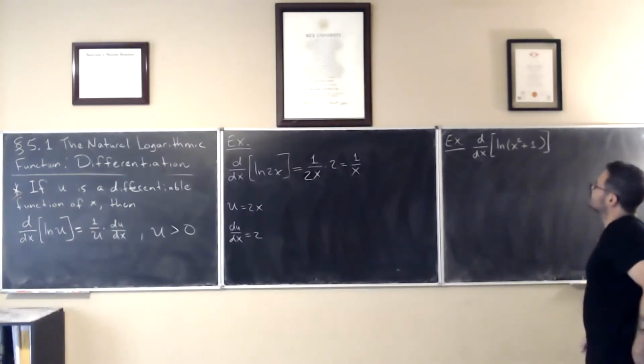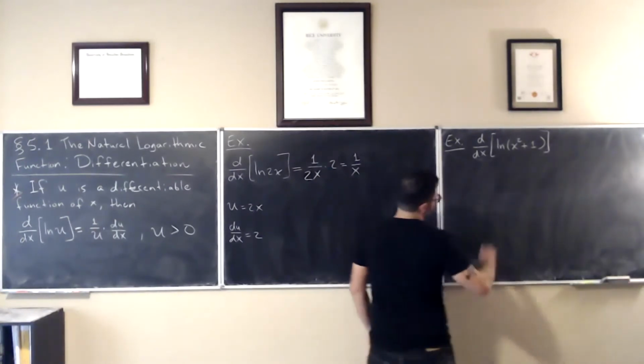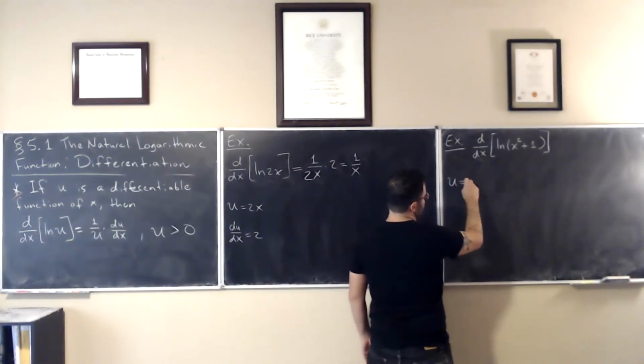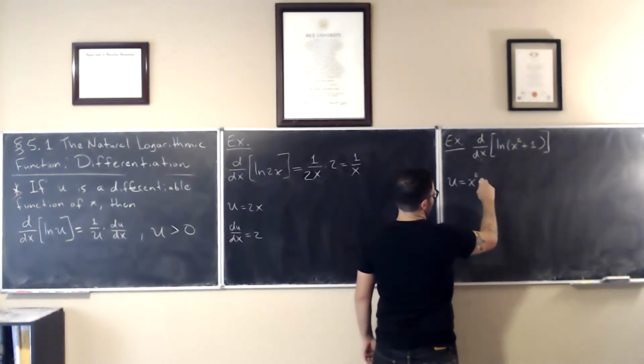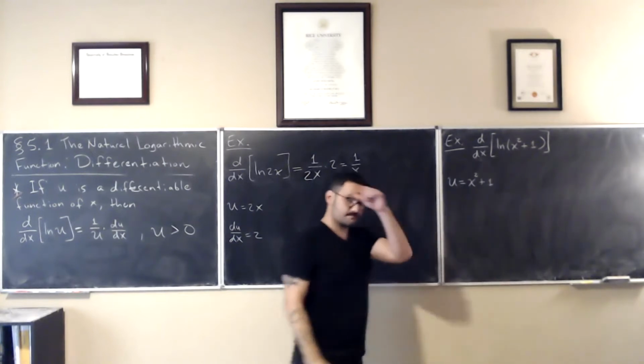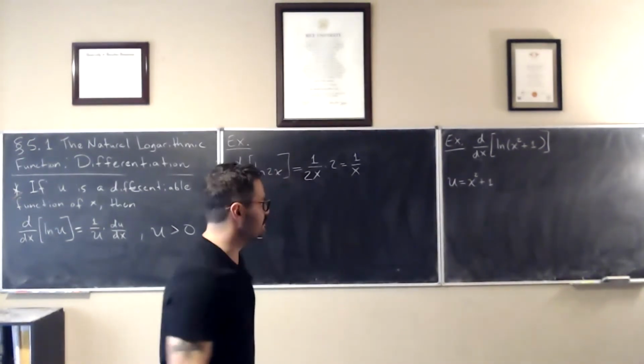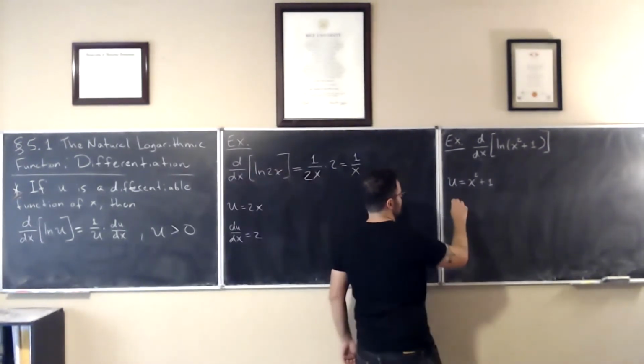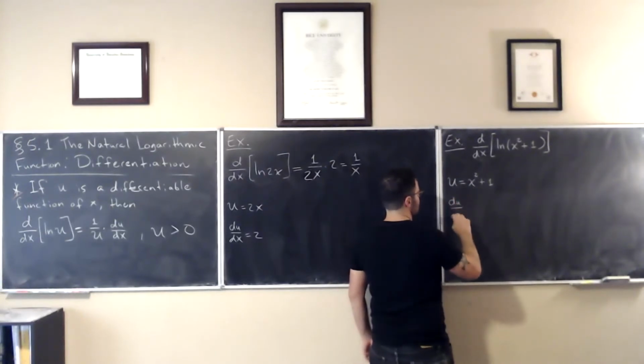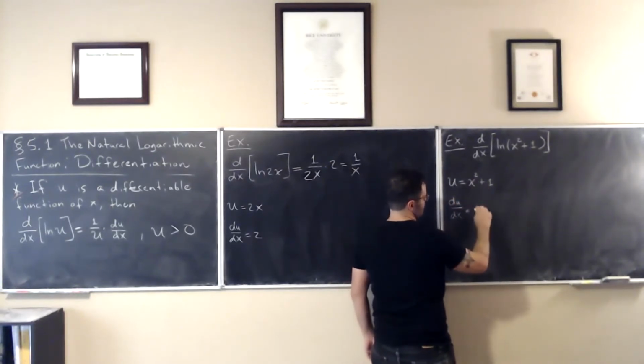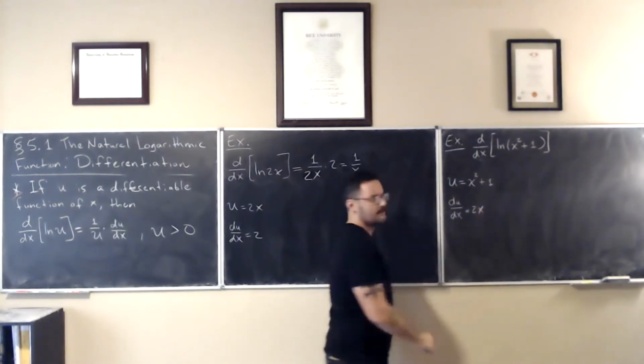Okay, so here you can just let u equal x squared plus 1, right? So now u is a differentiable function of x. Then du dx is 2x, right?